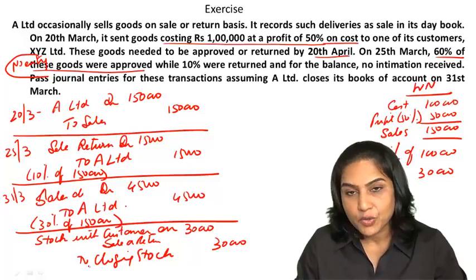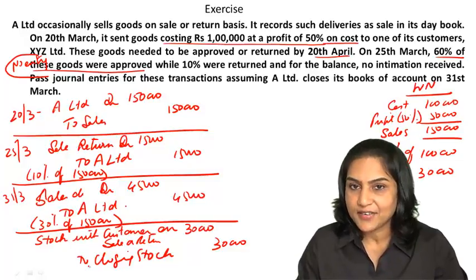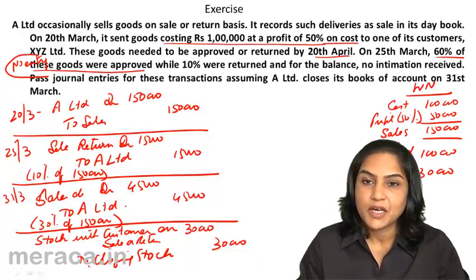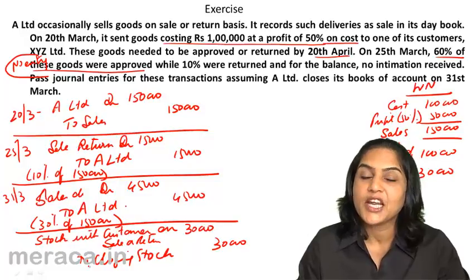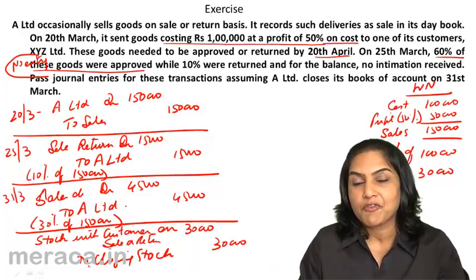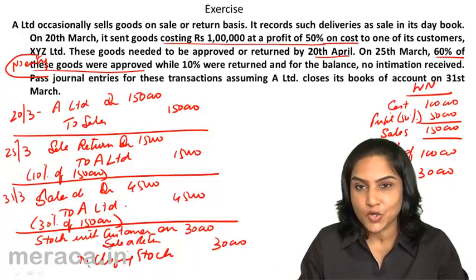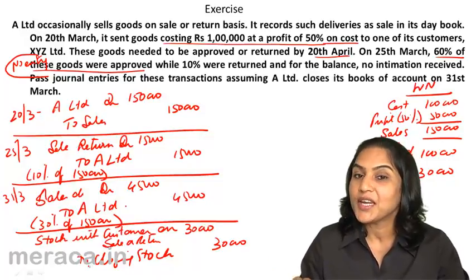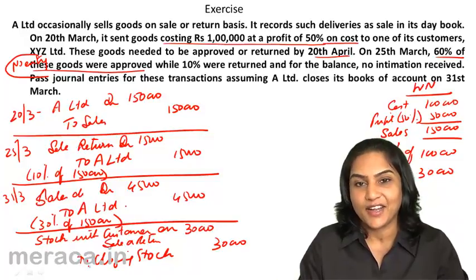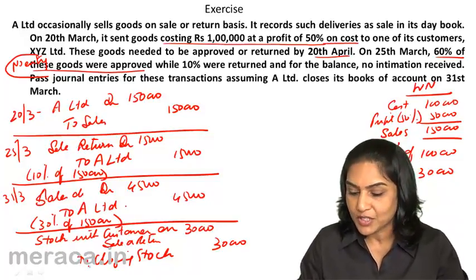It may be noted that in the next year, if the customer approves of these goods, we need to pass a new entry for sales. However, if the customer returns the goods in the next year, we need not pass any entry. I'll repeat that once more.